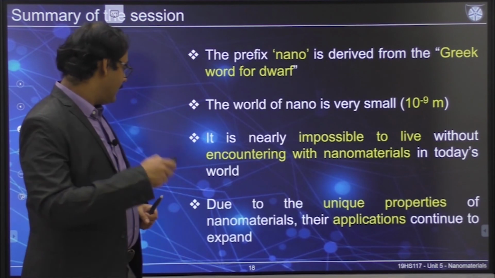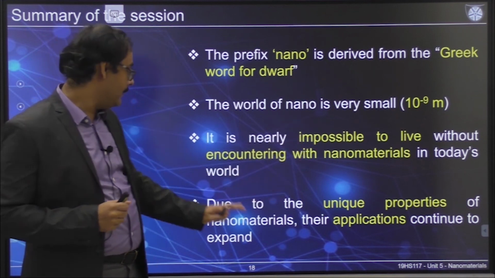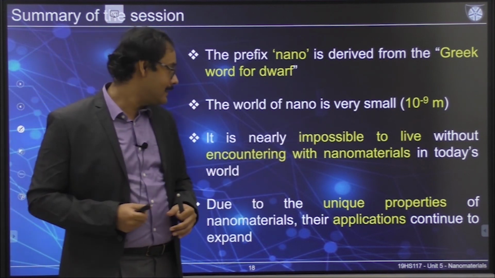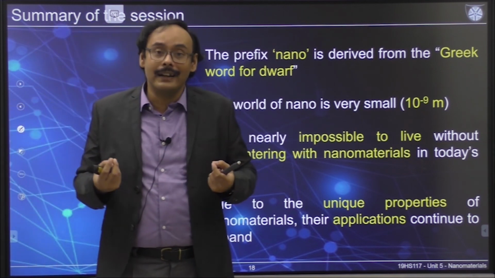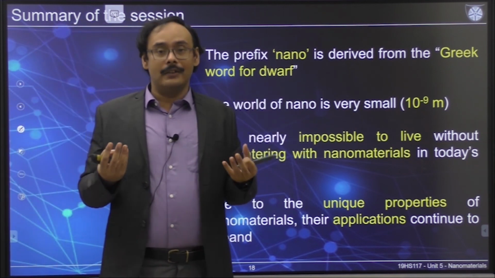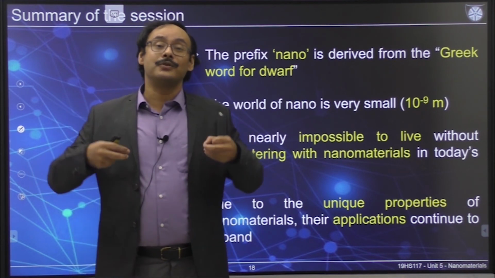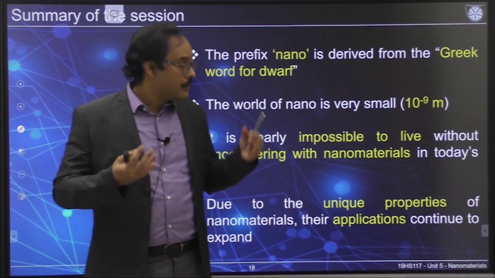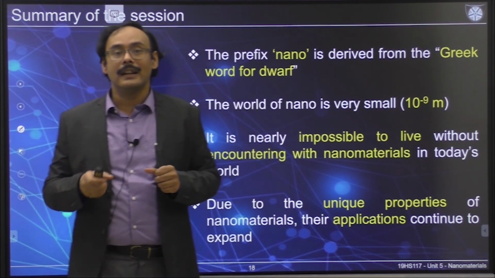And last but not the least, due to this unique property of nanomaterials, their applications continue to expand. The properties are so different from their bulk counterpart that you will always have possibilities to explore further.